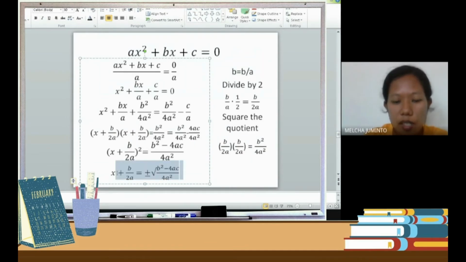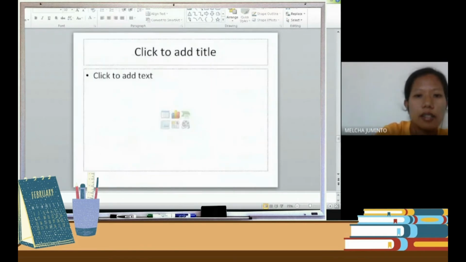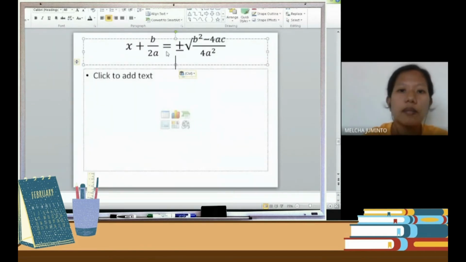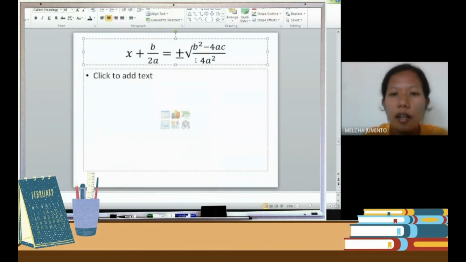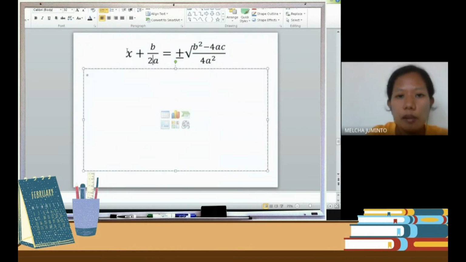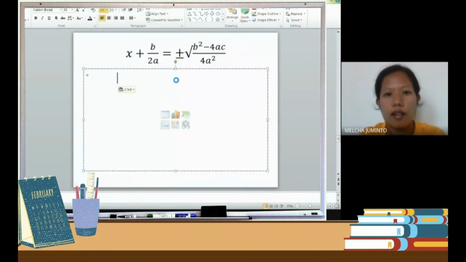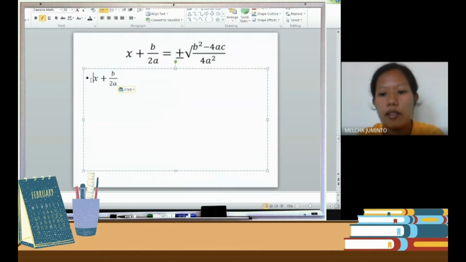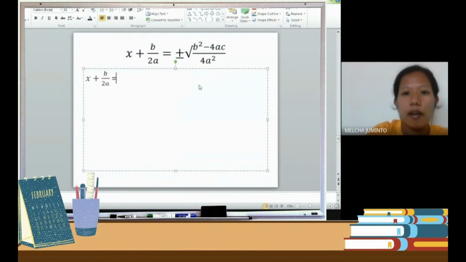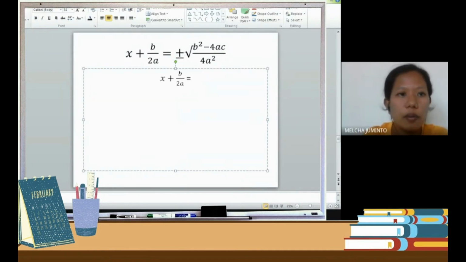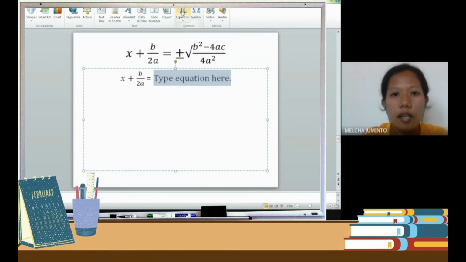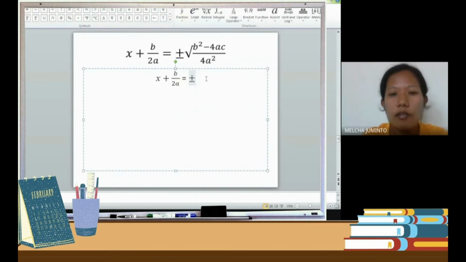Since wala lang space here, I will be using another slide. Here, next slide. So, ito na tayo sa point na to. We have this one. Next step, I will just simply copy the left side of the equation. But the right side will be written as positive and negative.